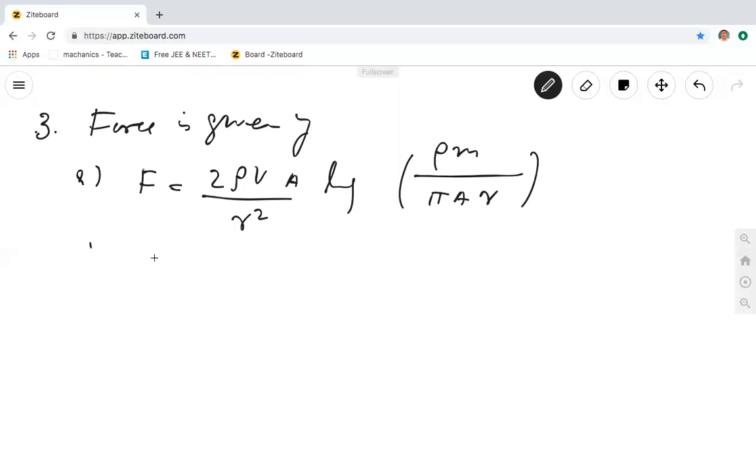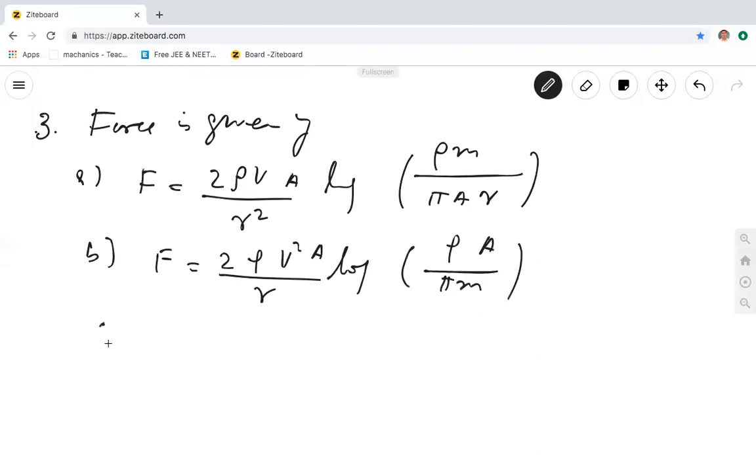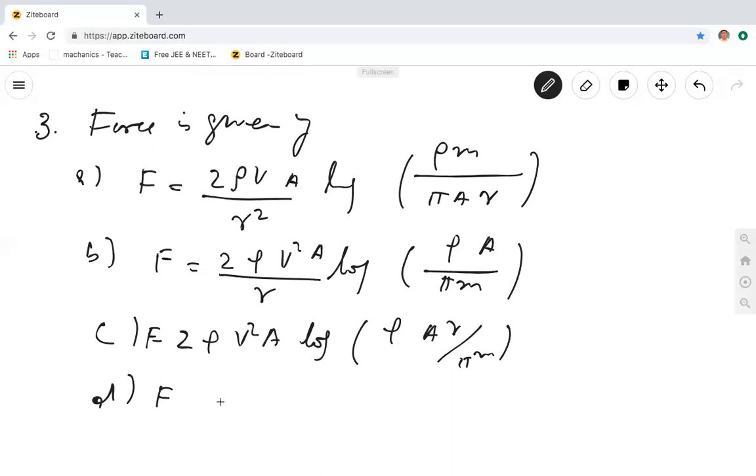B option, F equal to 2 rho v square a by r log of rho a by pi m. C, force is equal to 2 rho v square a log of rho a r by pi m. D, force is equal to 2 rho v square a by r square log of rho a r by pi m.